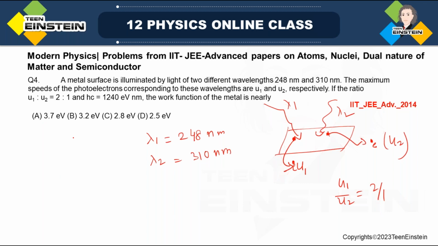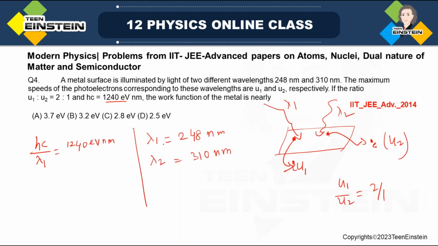See, we can find out the energy corresponding to this wavelength. We know hc by lambda 1. hc is given as 1240 electron volt nanometer.